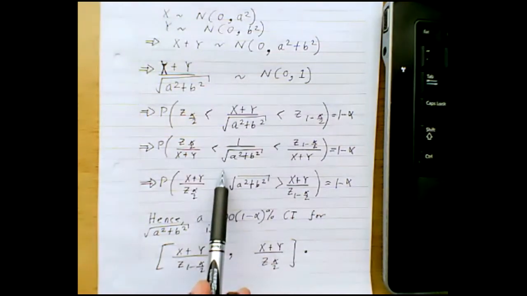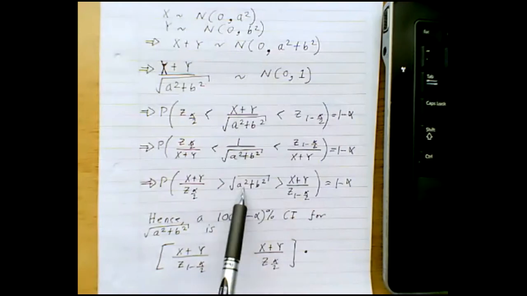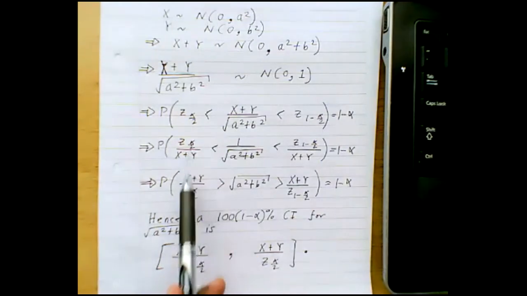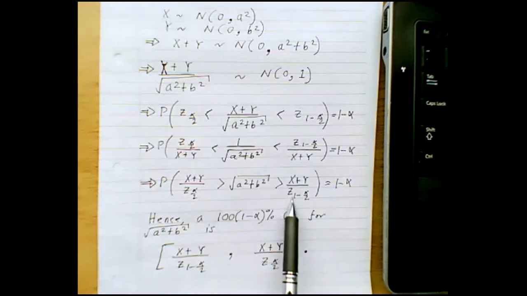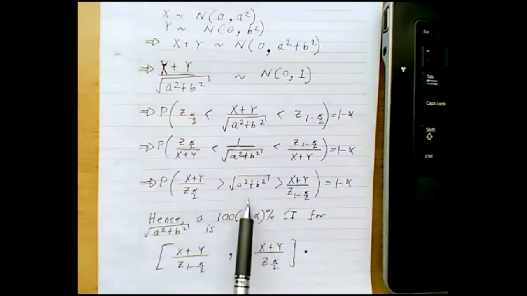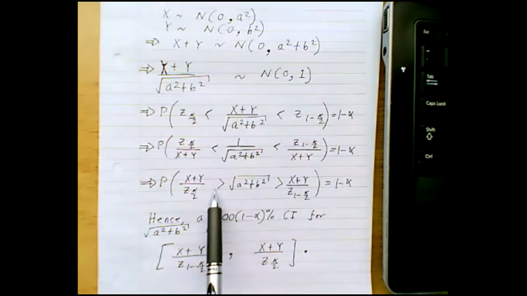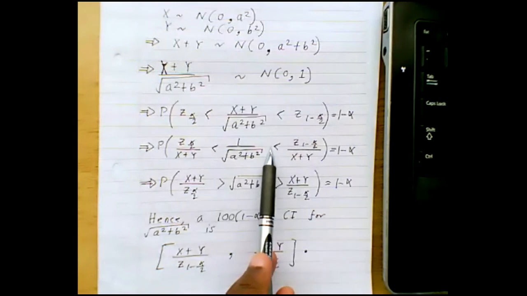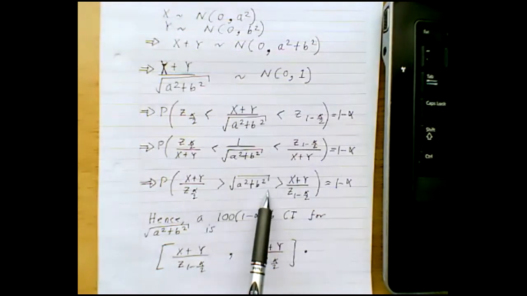You flip this to this, and the same thing here, and you need to change the inequality, because whenever you flip something, you need to change the inequality. So the less than becomes greater than. You know that, right?